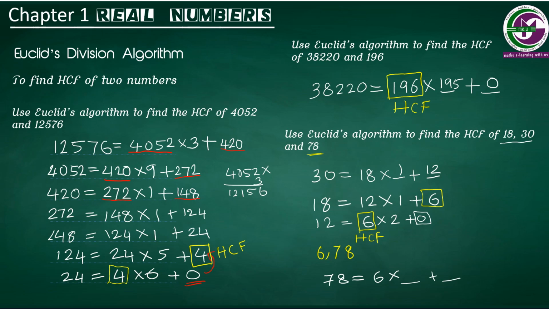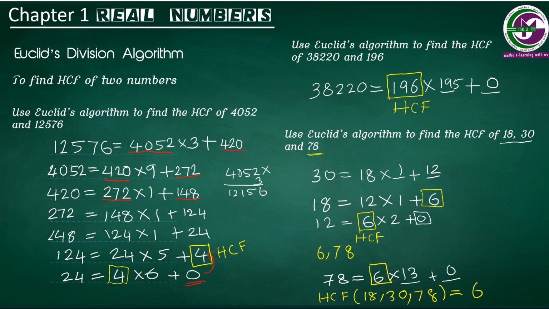So what is the number here? We know 6 times 13 is 78. This leaves a remainder 0. So when you get a remainder 0, the divisor is the HCF. So HCF of 18, 30, 78 is 6.